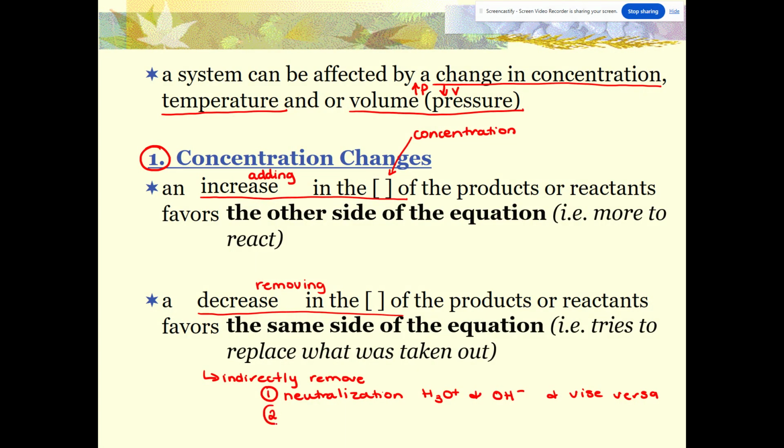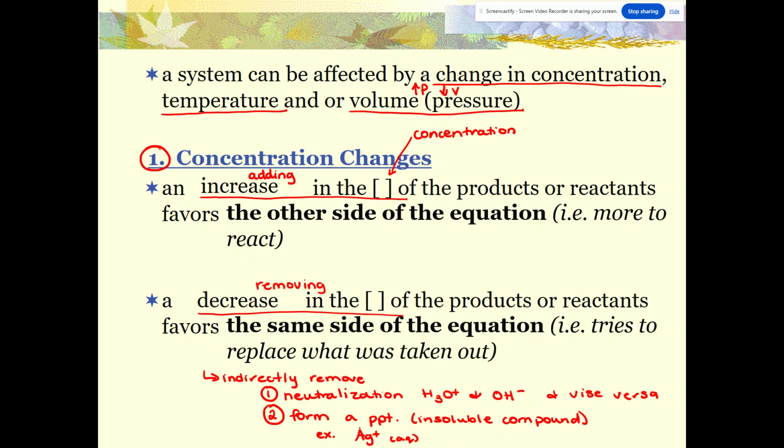The second way you can remove something is by forming a precipitate. Remember, a precipitate is an insoluble ionic compound. Okay, and so when your system starts with these free ions, so let's say I have silver ions in my system, and what happens is I add chloride ions, they're going to form a precipitate.